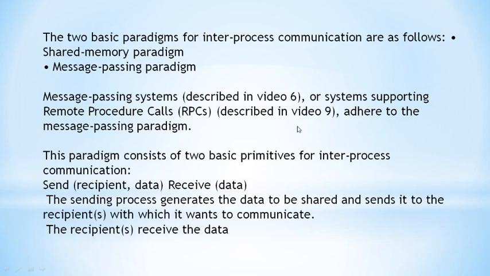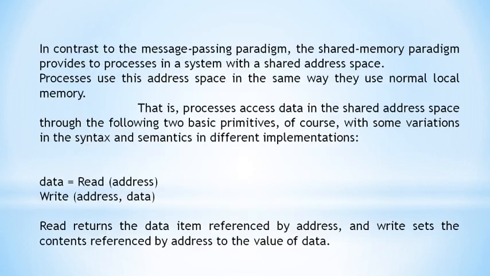This is a revision: inter-process communication is of two types, that is shared memory paradigm and message passing paradigm. In contrast to message passing, the opposite side is the shared memory paradigm, and it provides processes in a system with a shared address space.